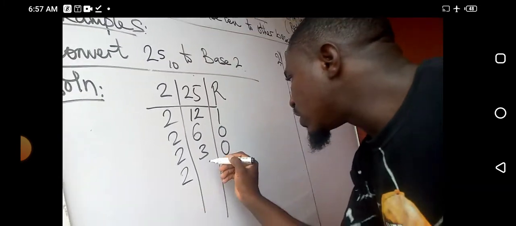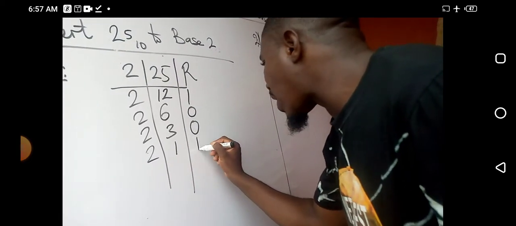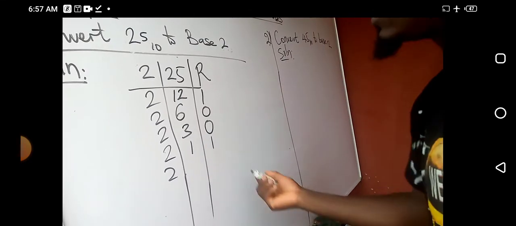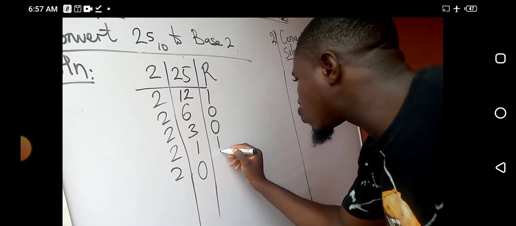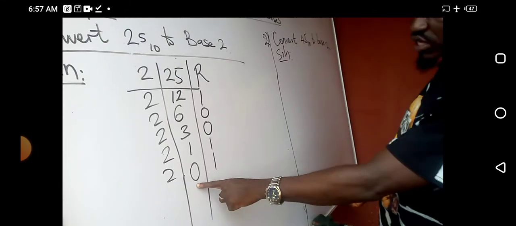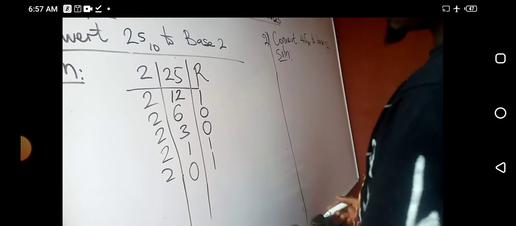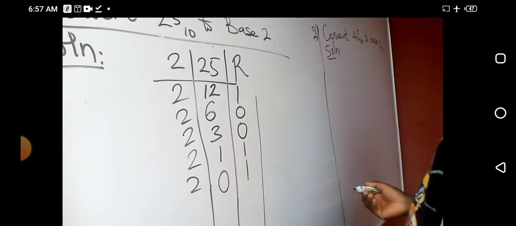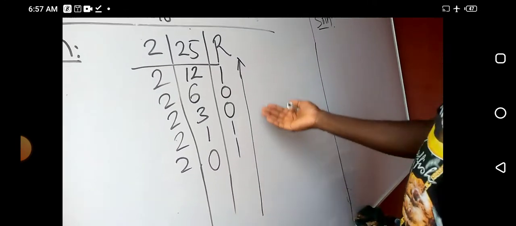Now 3 divided by 2 gives 1 remainder 1. Then 1 divided by 2: 2 cannot divide 1, so we have 0 remainder 1. Now we are done, because you cannot divide further down. We have 0 remainder 1. So how are we going to bring out our answer? We move from descending to ascending, or from the bottom to the top.